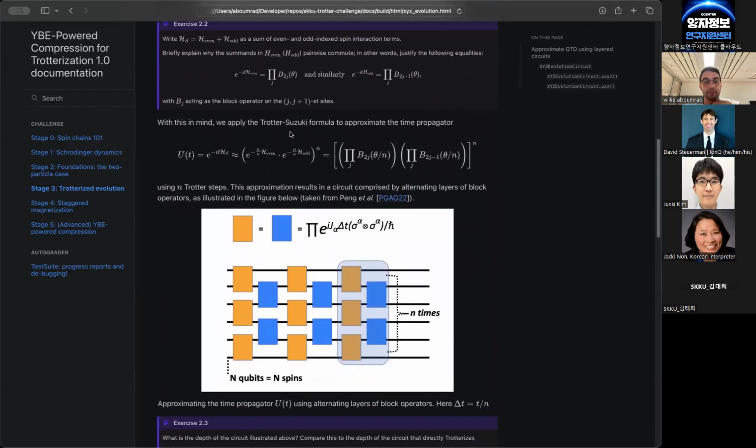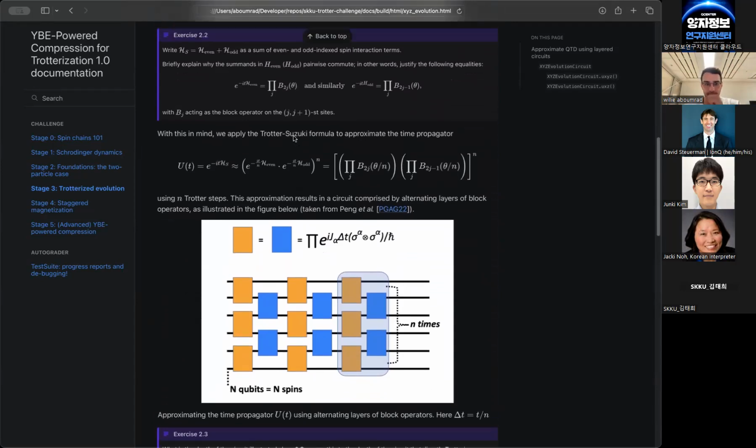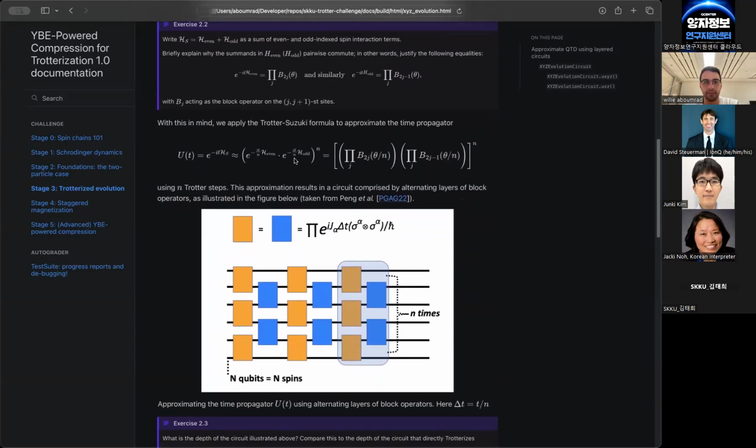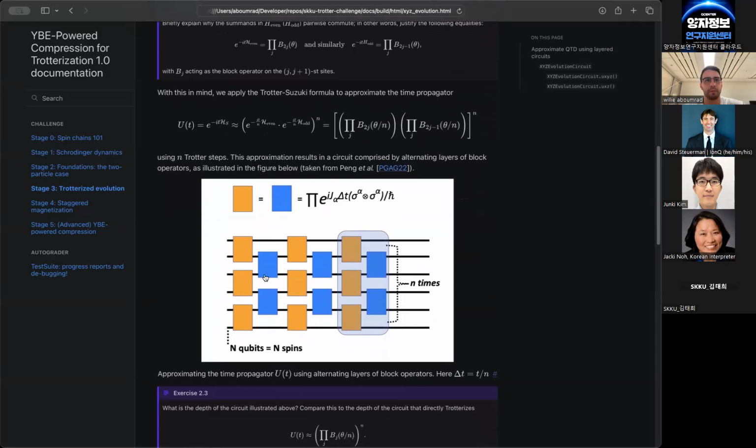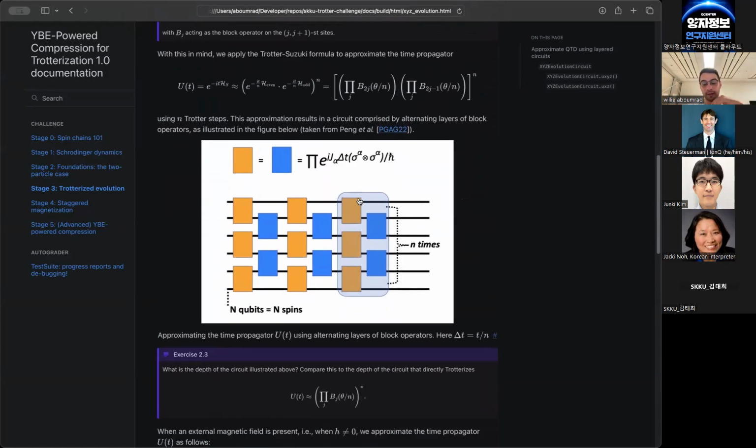So this is the part where things start to get interesting, right? We start to identify commuting families of operators or time propagators, small pieces of the whole thing that we need to compute. And the first step is realizing that this large commuting family allows you to set up your circuit so that it has just alternating layers, right? Two big pieces that alternate, one and the other.